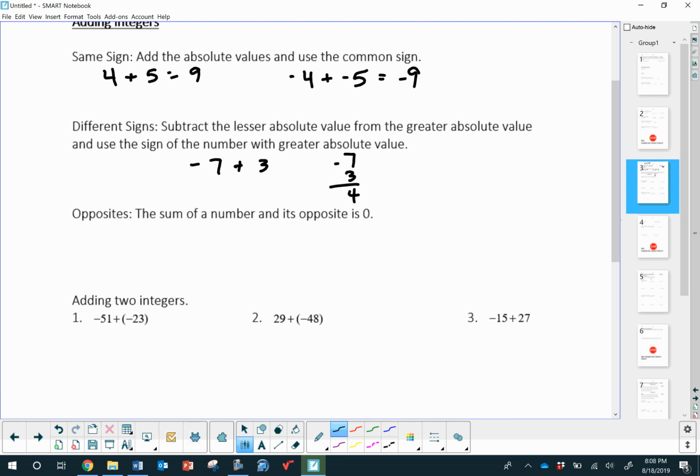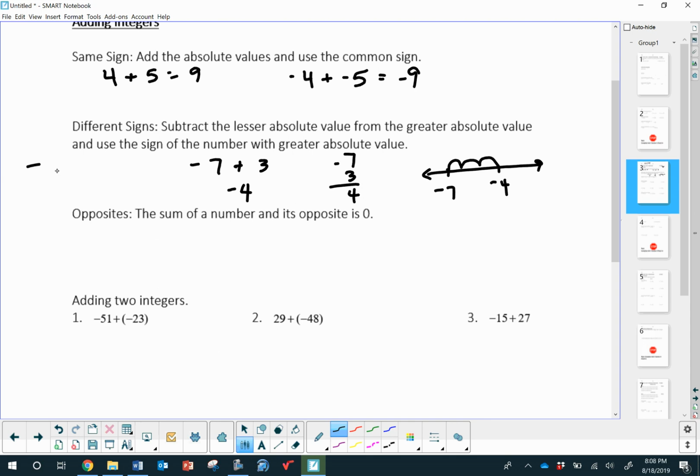We're then going to use the sign of the greater absolute value. 7 is my greater absolute value, and it's negative, so my answer is simply negative 4. If you think about this on a number line, if you're starting at negative 7 and you add 3 to it, you will land at negative 4.